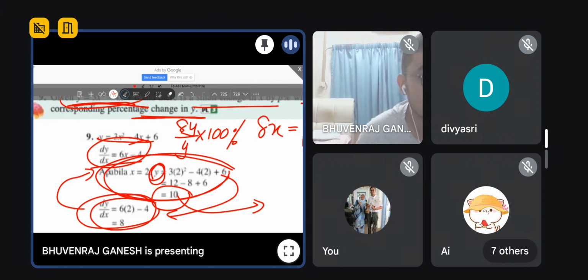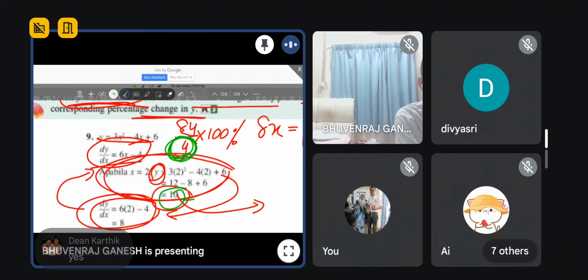We need to find the y value. Very good. Because our formula here has the y. This y value, we are going to substitute here. This number 10, we put it inside here. So that's why you need to substitute x is 2 inside your original curve equation to get your answer, which is 10. And also in the dy/dx.